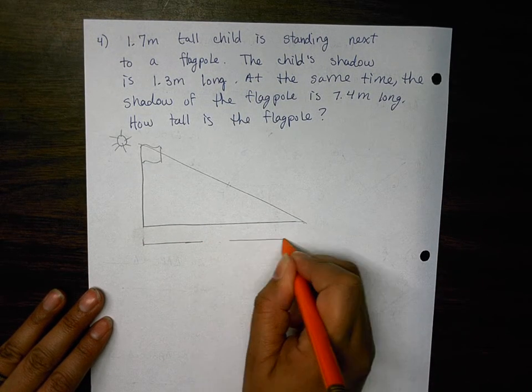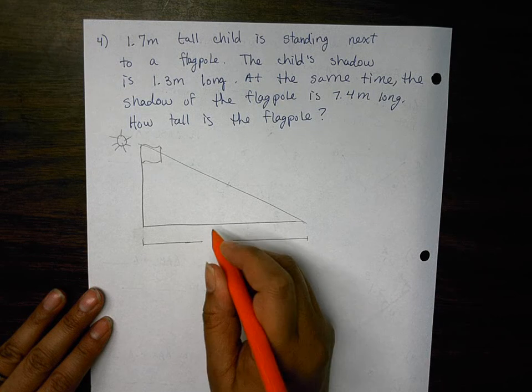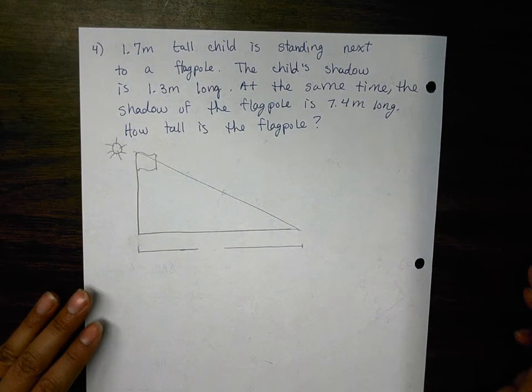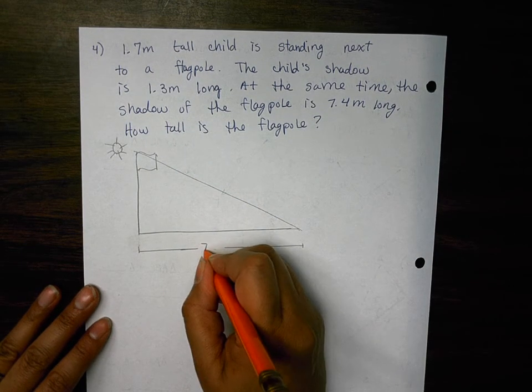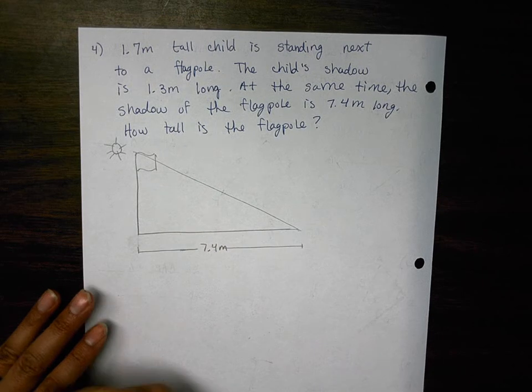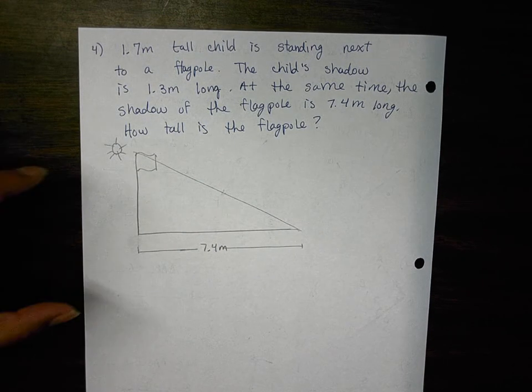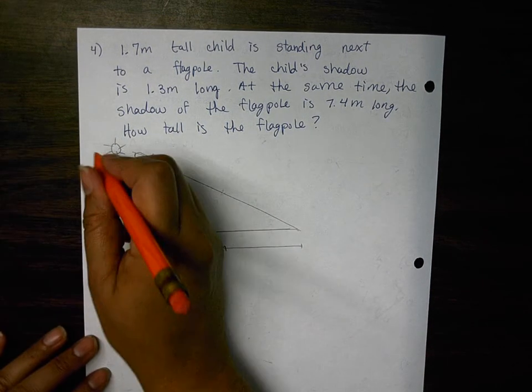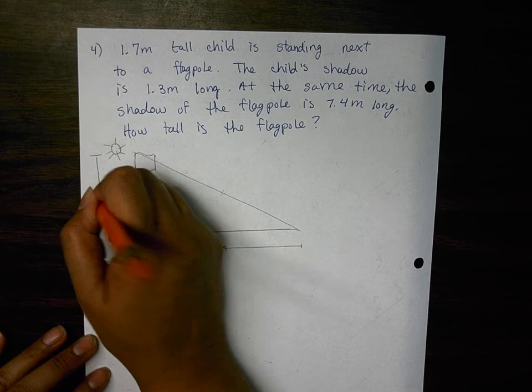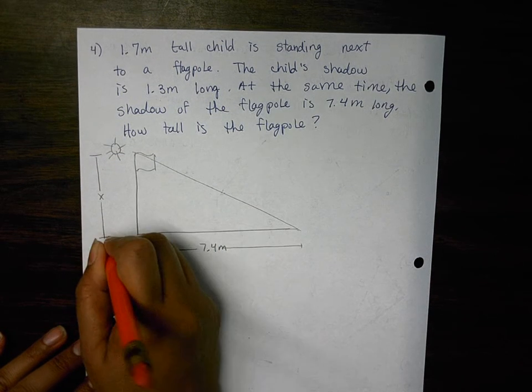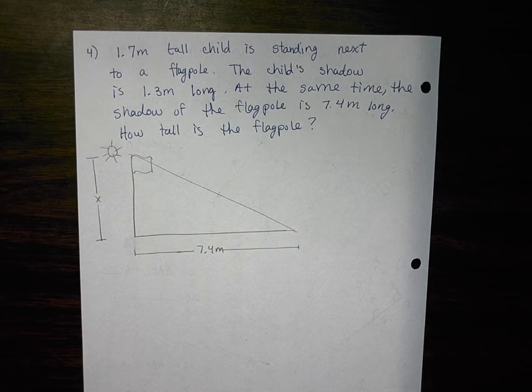And how long is the shadow? 7.4 meters long. That's the flagpole's shadow, and 1.3 meters is the child's shadow. Okay, how tall is the flagpole? Do we know, or is that what we're looking for? I'm looking for it.